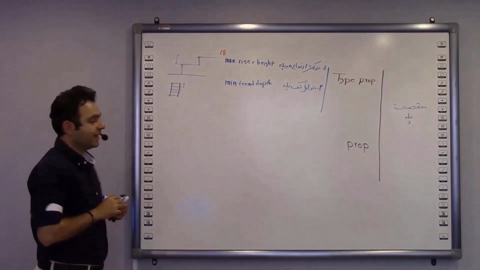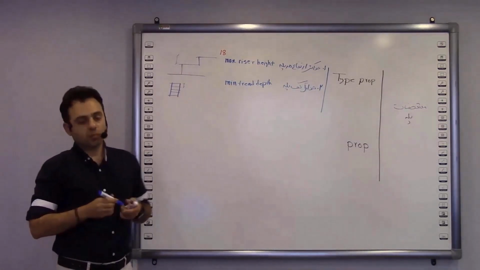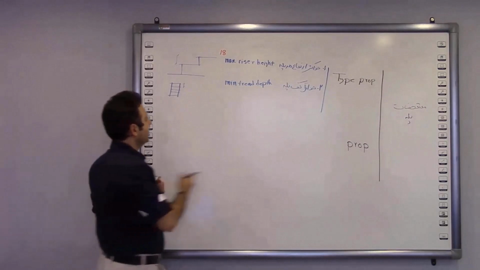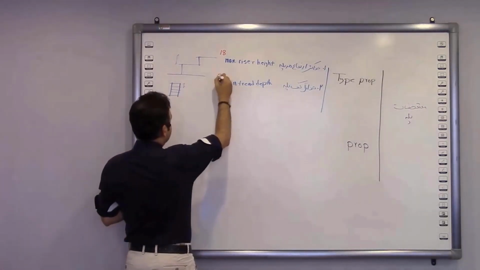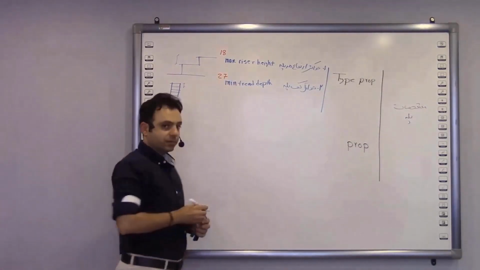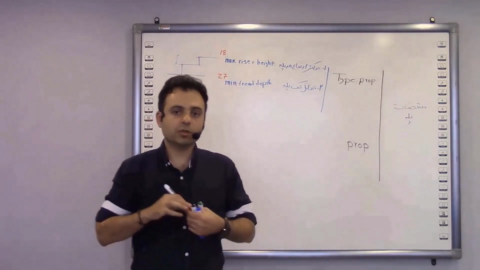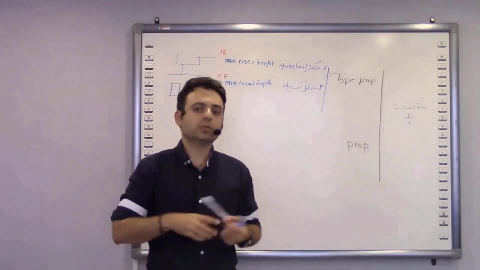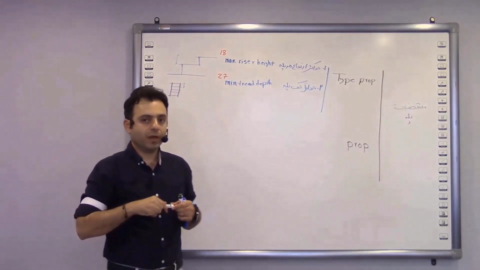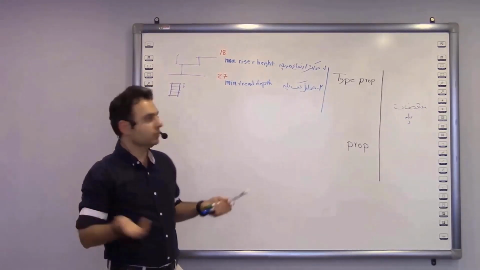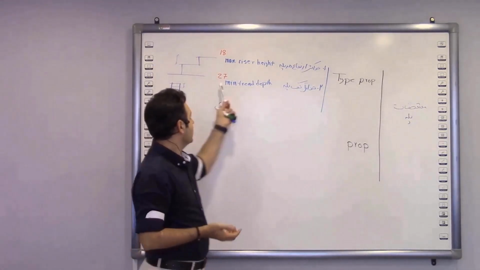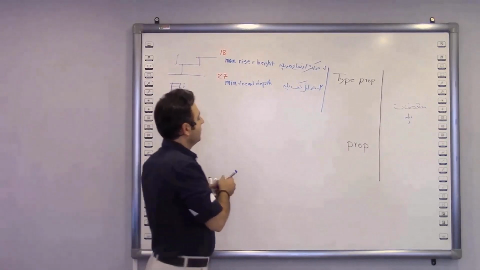Now, what is it? What do you think it is? Well, we know that it's usually 30, but I say it's, for example, 27. Maybe sometimes I want to have a 28 centimeters tread depth. It can be even 30 because I said it's minimum, if you pay attention.